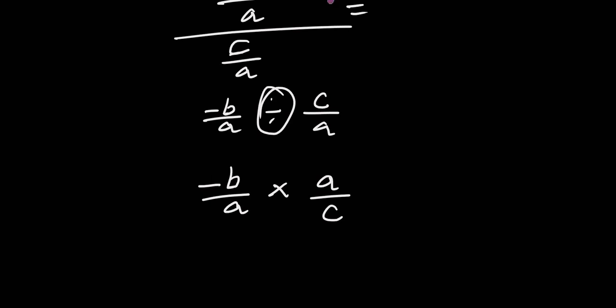So we can simply cancel this a from here, and this becomes negative b over c.